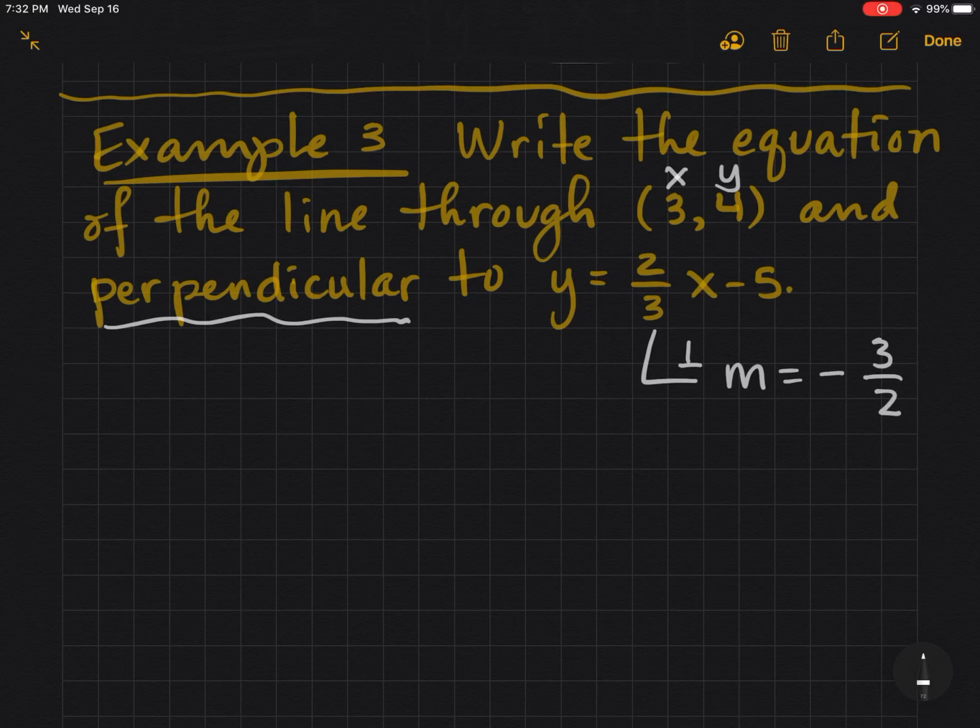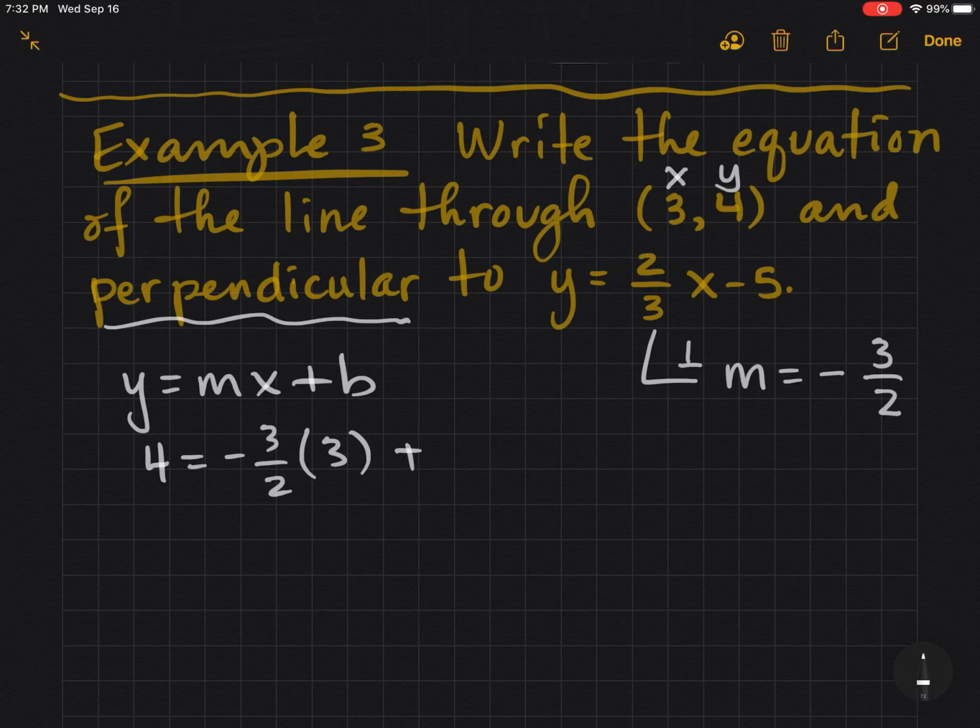I changed the sign and I flipped the fraction. So, using y equals mx plus b, I'm going to plug 4 in for y, -3/2 in for my slope and 3 in for x, and I'm going to solve for b.